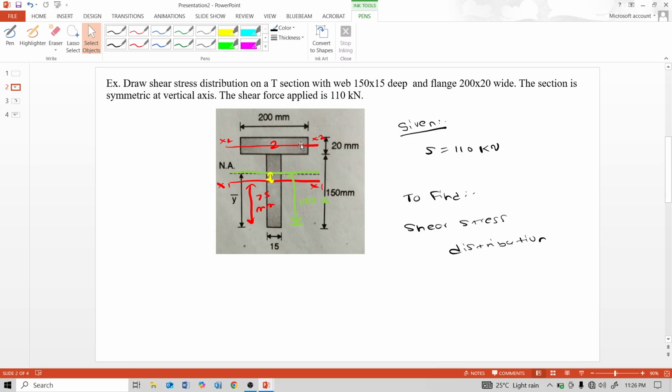This x2 distance is 160 mm from the bottom fiber, and the neutral axis is 129.4 mm. It means 160 minus 129.4 is 30.6. So 30.6 square.